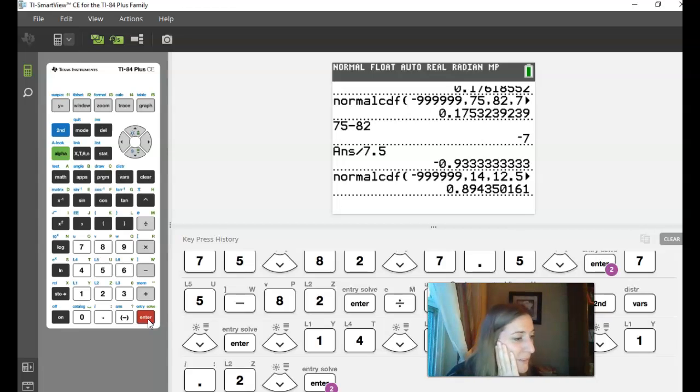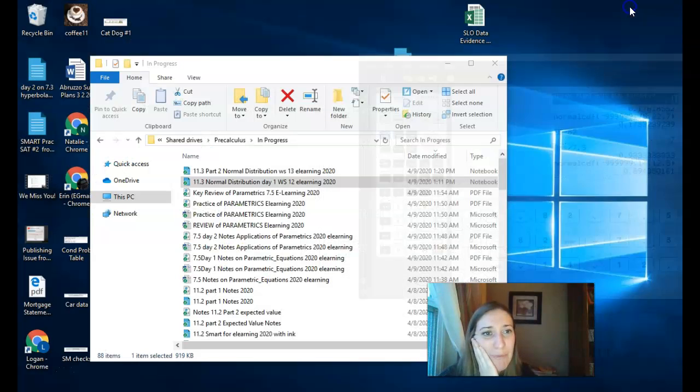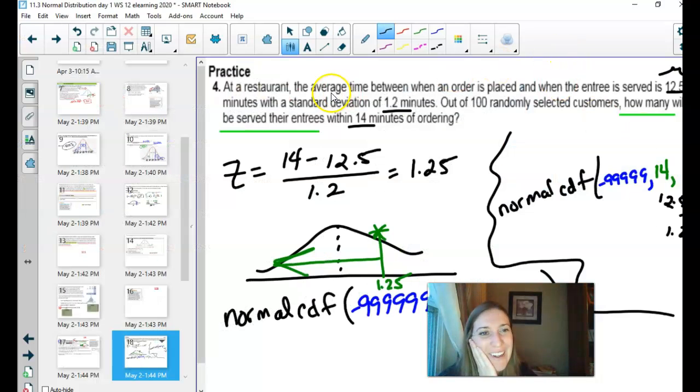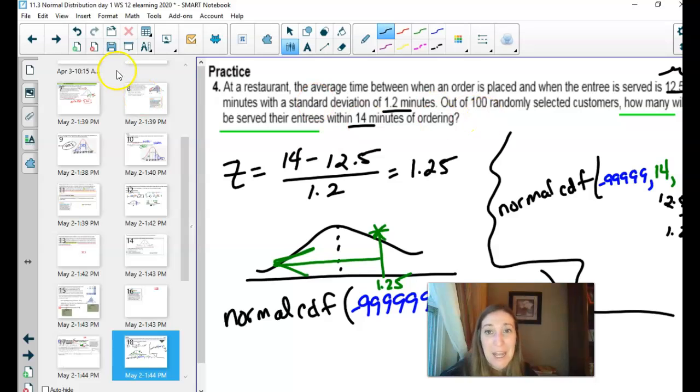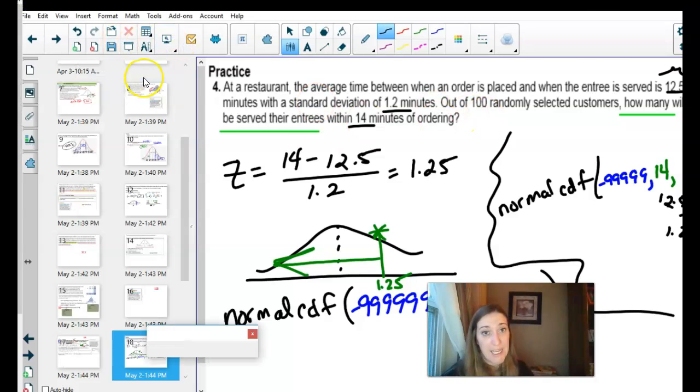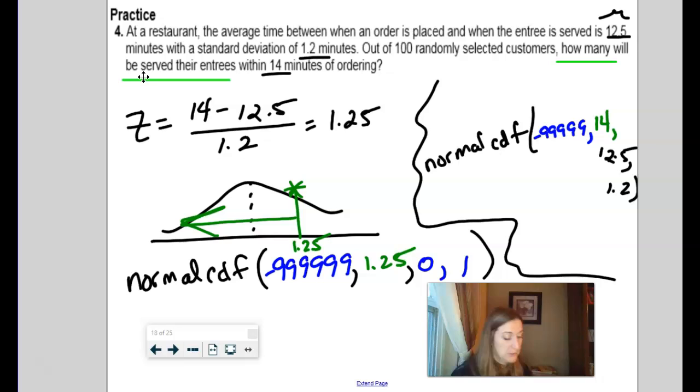All right, well, fun fact, I didn't key this, so I don't know if we're right. I hope we're right, guys. I didn't write down the answer either. Okay, so like I said, 89.4%-ish. Now, we're not done, because it does say, out of the 100 people.